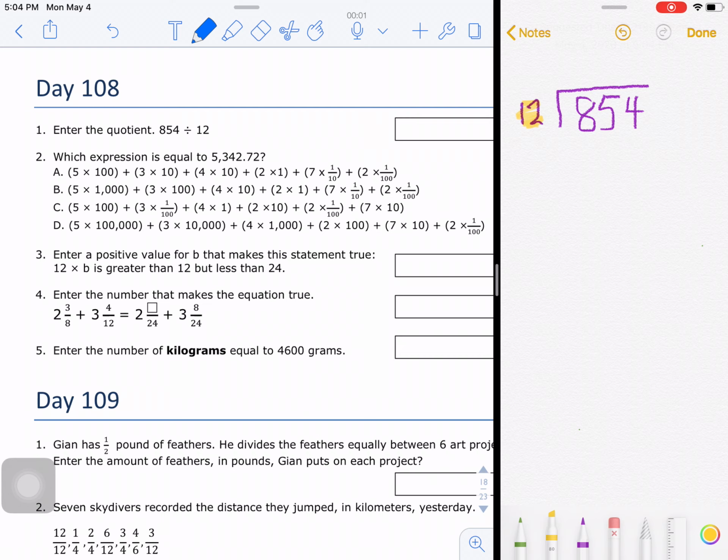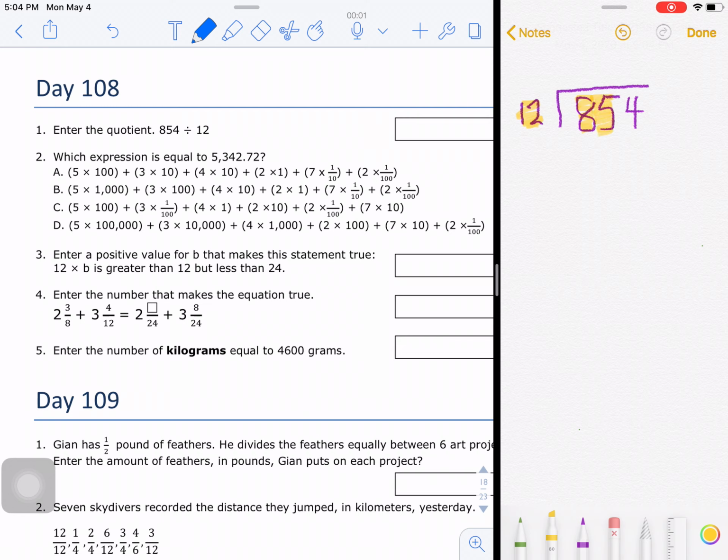So I'm going to start with 12 into 800. Okay, well, 12 doesn't go into 800 without regrouping, but it does go into 85 tens.